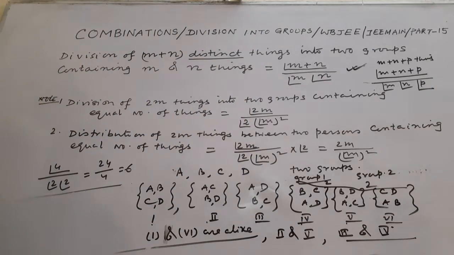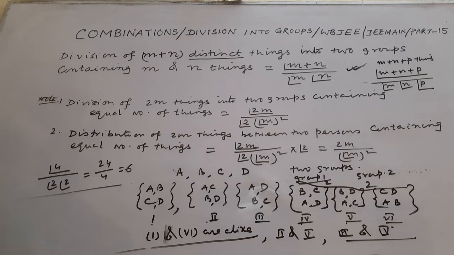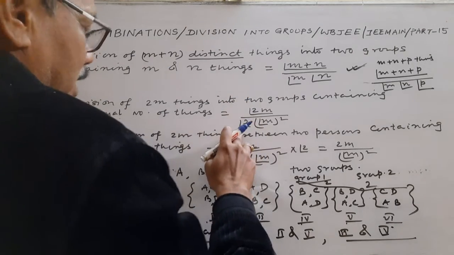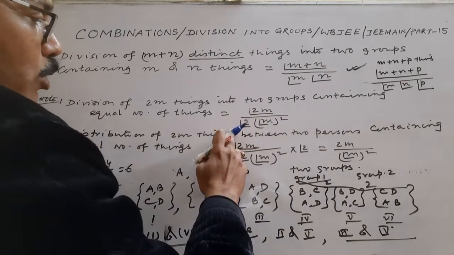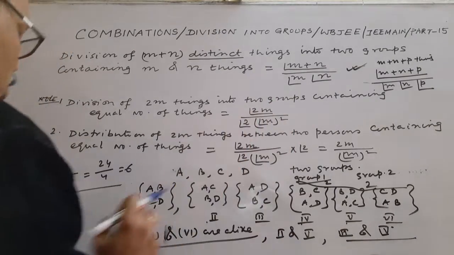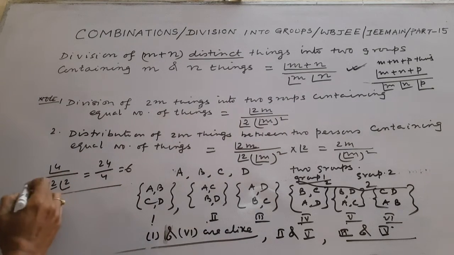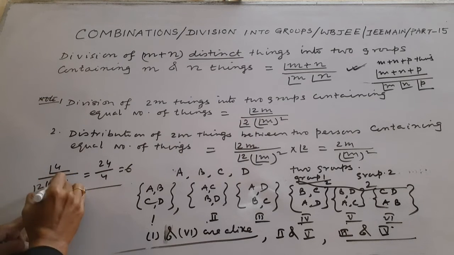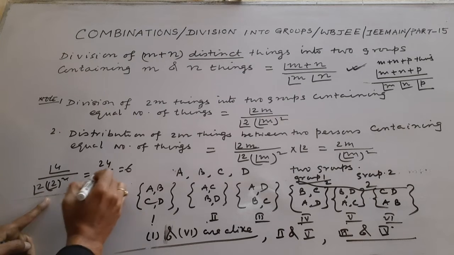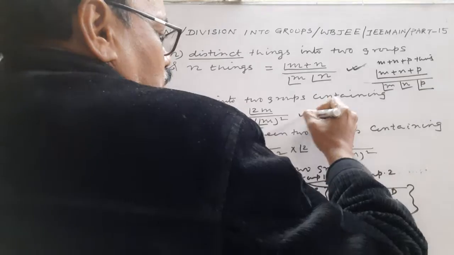So that is why for groups containing equal number of things, we have to divide by factorial 2. Factorial 2m by factorial 2 into factorial m whole square. Now if we put m equals 2, we get 24 by 2 into 4, which is 3. So you are getting 3 groups.